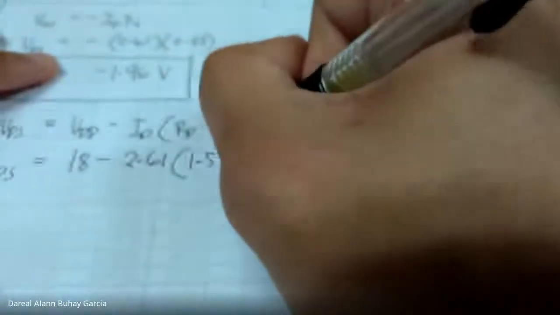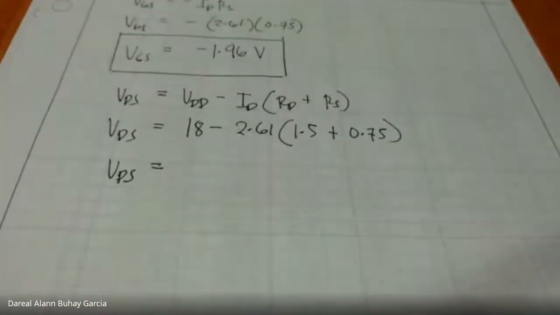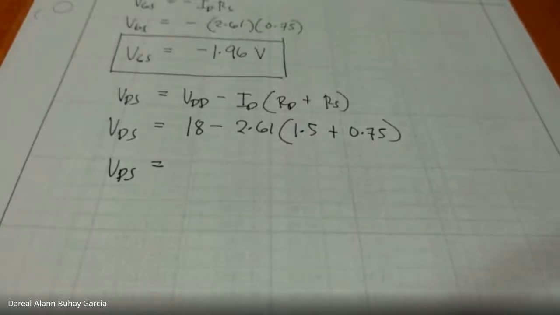VDS is equal to how much is VDD? 18 minus 2.61 milli times RD of 1.5K plus 750 ohms. Uh, 12.13 more or less. Same tag VDS.